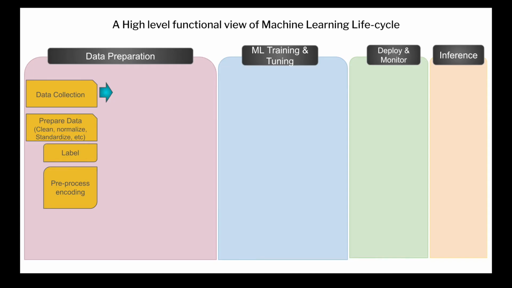At the very first, we have data preparation. Data preparation is a collection of various steps. At the very first stage, we collect data which is coming out from various sources. These sources could have stationary data or saved data such as databases. Or the data could be in flight, or a stream of data.